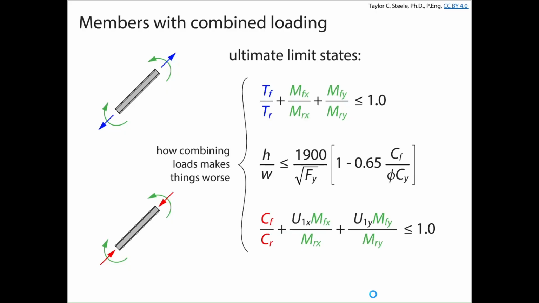Today we're going to start talking about combined compression and bending. Almost everything is the same, so what we're going to focus on is the introduction of two new terms, U1X and U1Y.